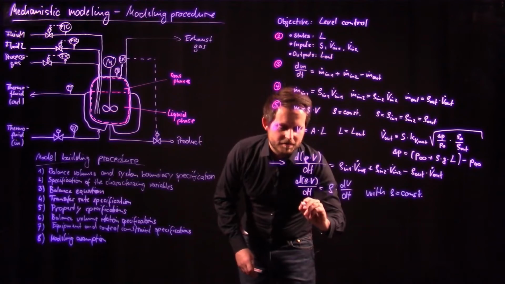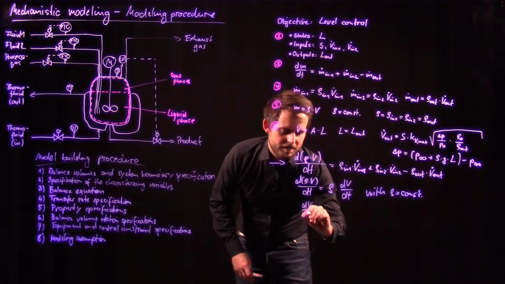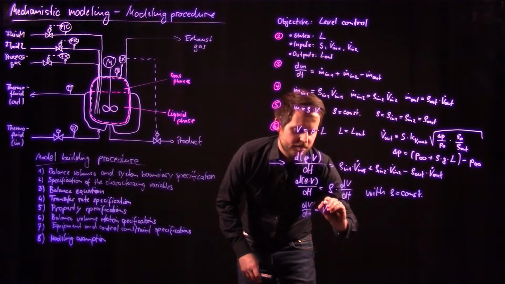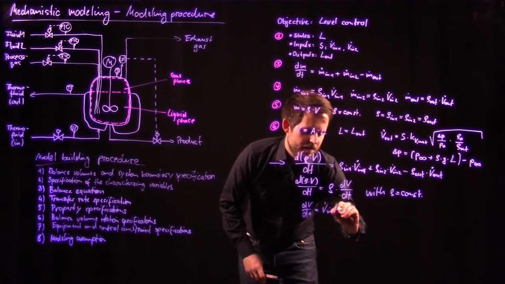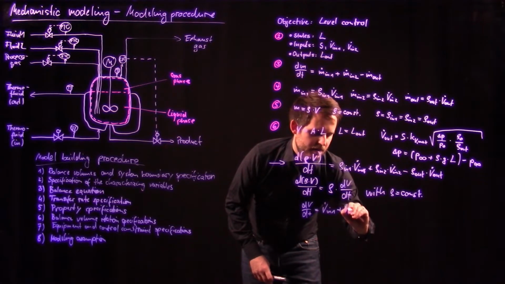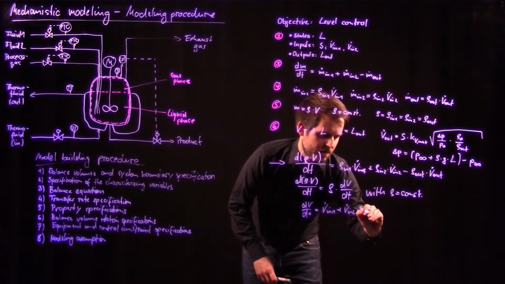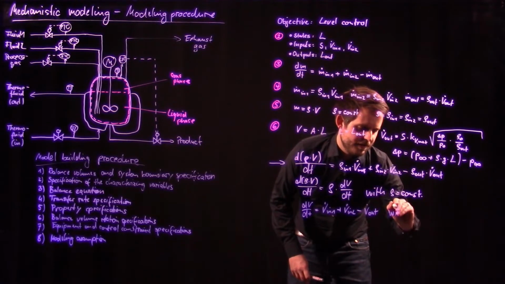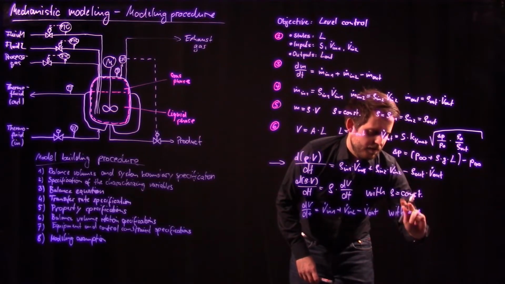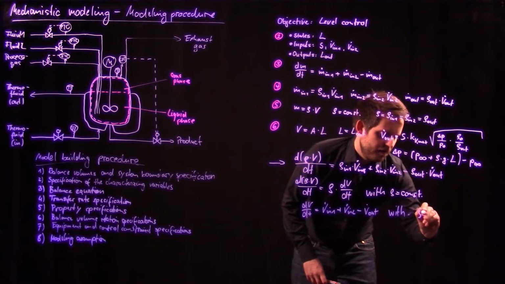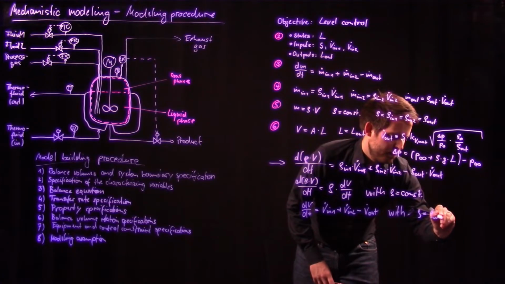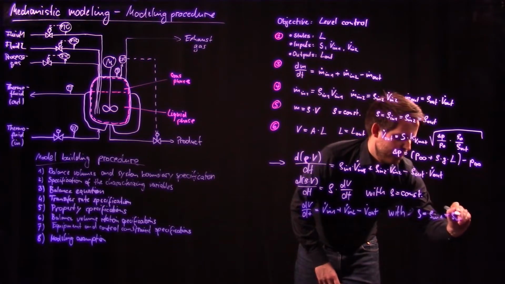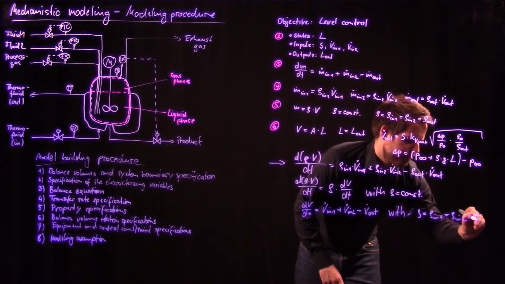So this means we have dV/dt equals what is going in, and this is true with our assumption that all the densities are equal.